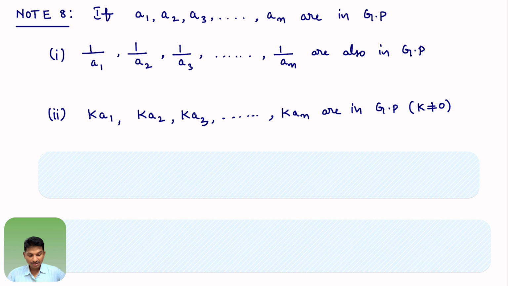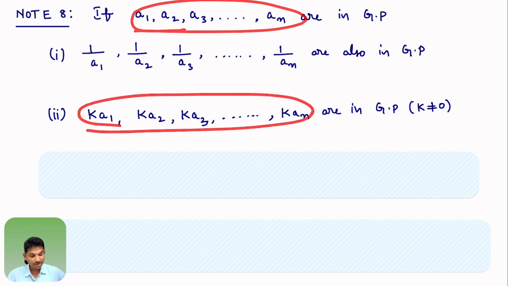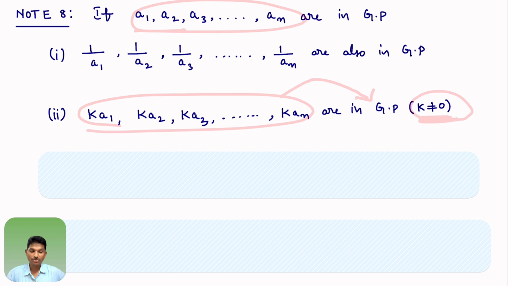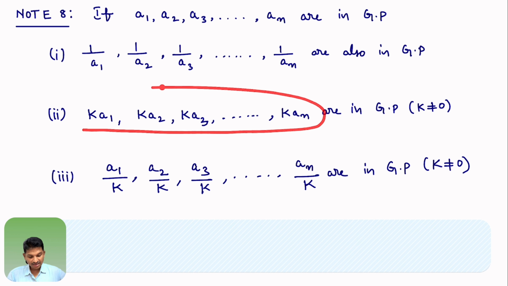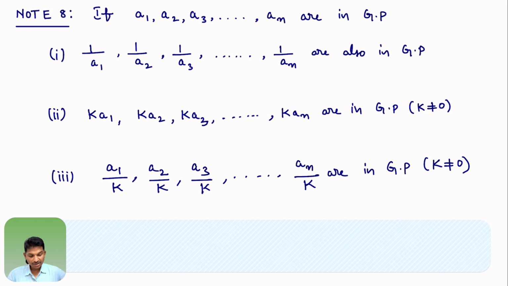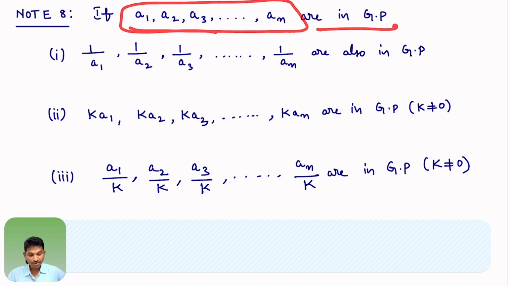So if n terms are in geometric progression, if each term is multiplied by a non-zero constant, then whatever you get also forms a geometric progression. This you can easily check with the help of an example. See here, multiplying is nothing but a type of division only. If A1, A2, A3 and so on, An are in geometric progression, and I multiply all these terms with 1 by 2, that is nothing but dividing with 2 only.